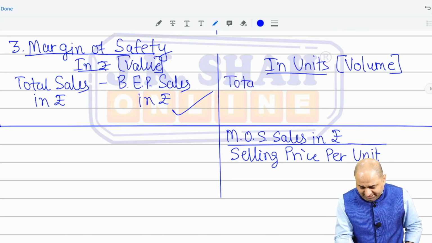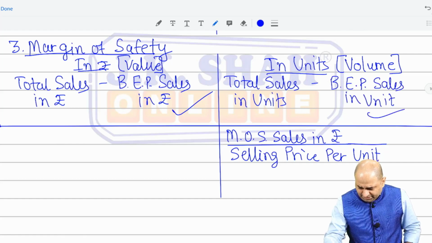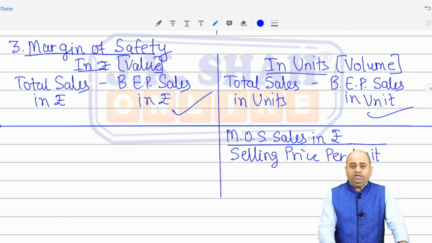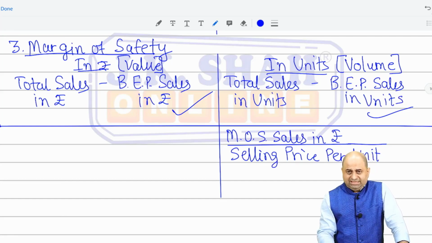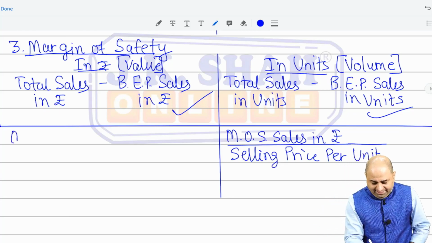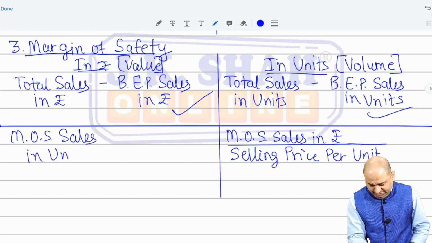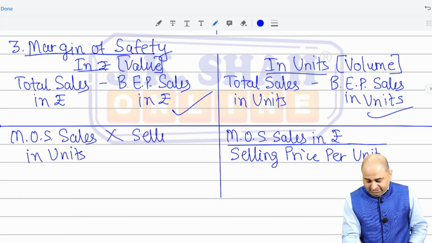Simple. Total sales in units minus BEP sales in units. Naturally, once I subtract BEP sales in units from total sales, I'll get margin of safety sales in units. Once I get that margin of safety sales in units, multiplied by selling price per unit.